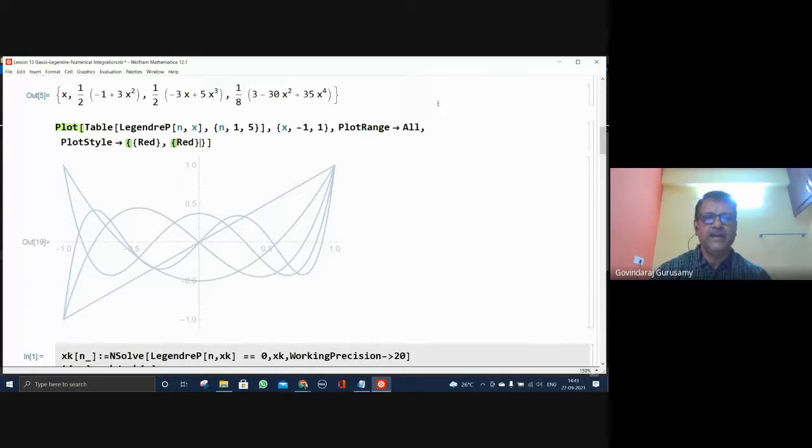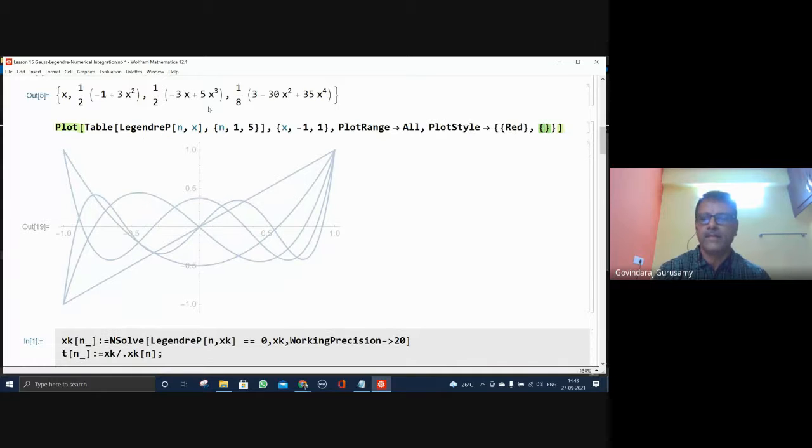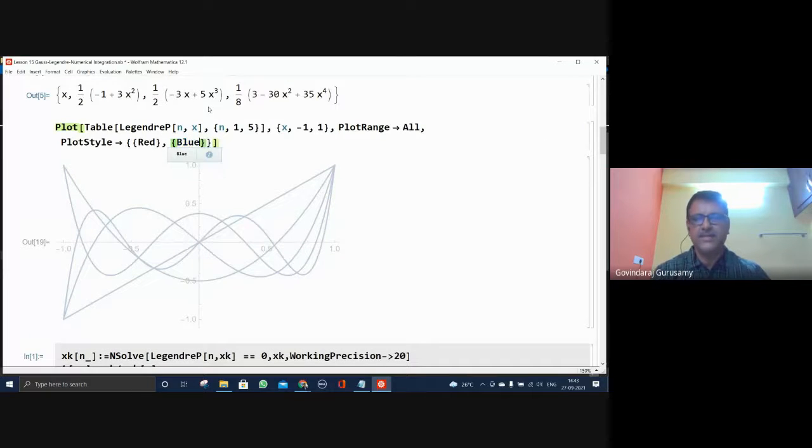Make the second one blue. I'm differentiating these in colors. Third one is green. Fourth one as magenta. Okay, I have 4 different colors now.